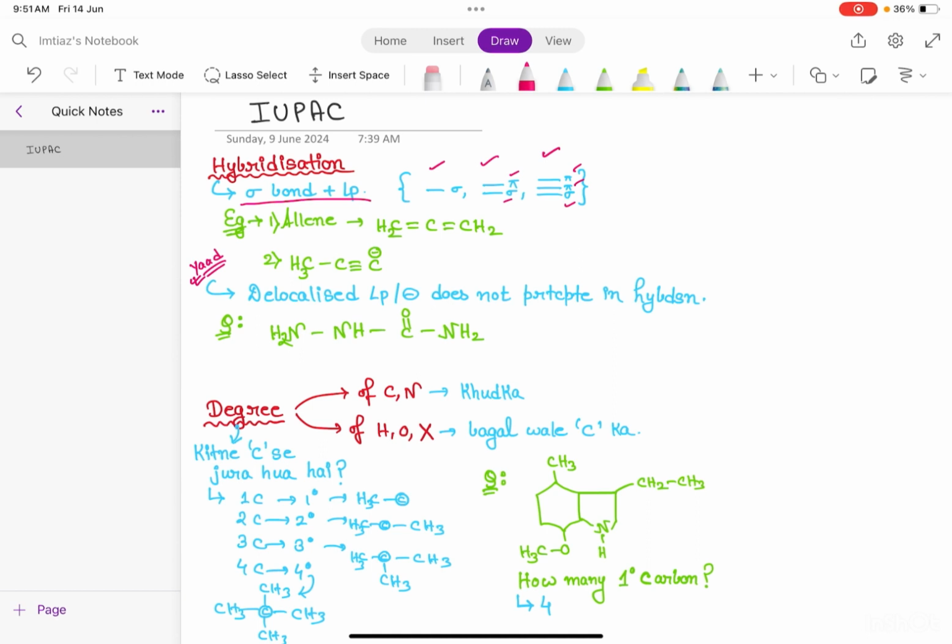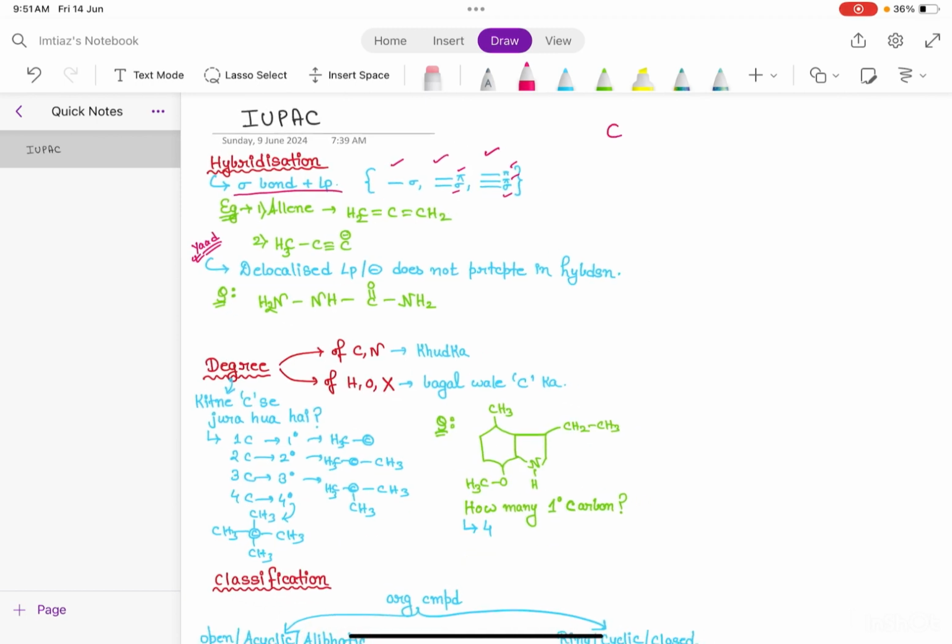Let's see few examples. So let us talk about carbon. Carbon is having 4 valency. This first point is very important, because many a times you will not be given the hydrogen. In the exam you might be given, but many times in the class or in any organic chemistry discussion, you will not be mentioning how many hydrogens there are.